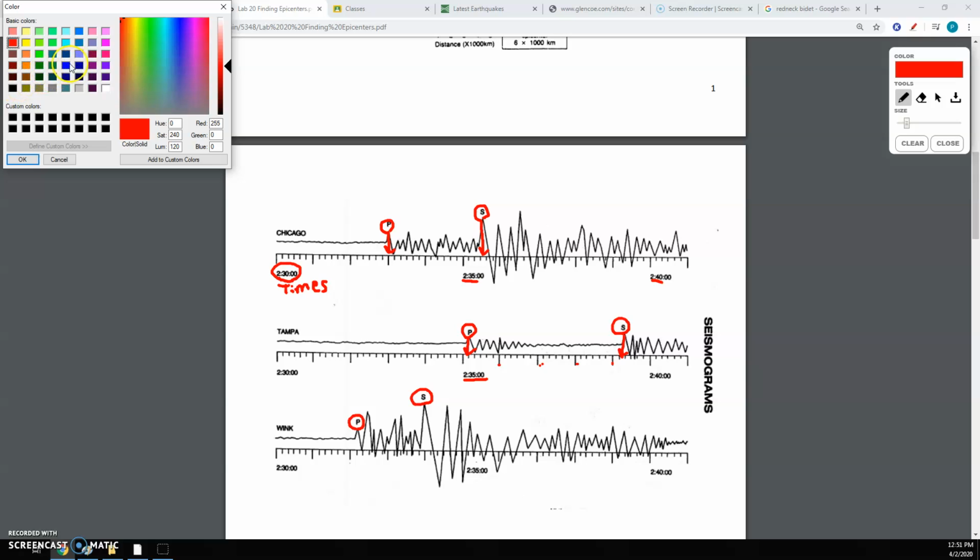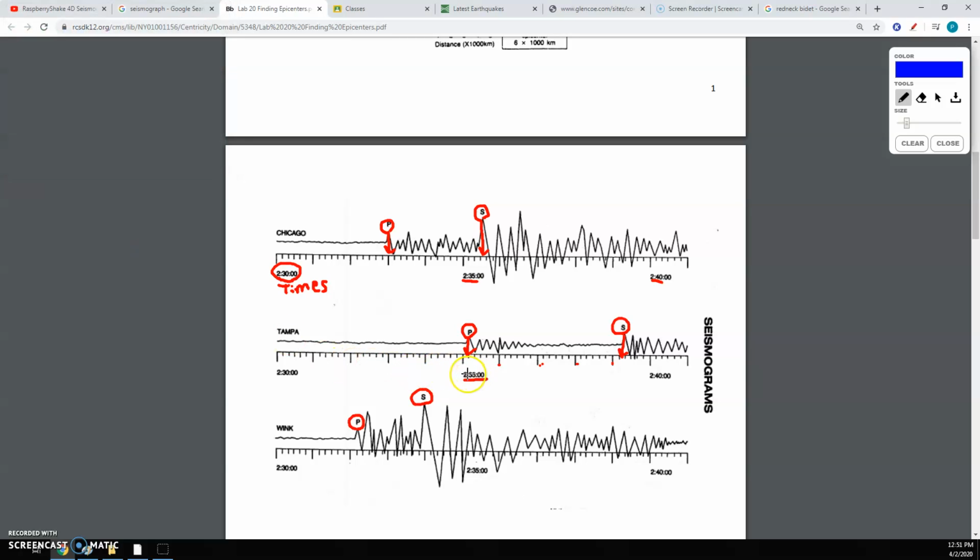So for example, let's change my color here. For example, this spacing compared to this spacing, this is going to be the location that's farthest away from the epicenter. This spacing is bigger, and there are several minutes that have passed between the P and the S wave.